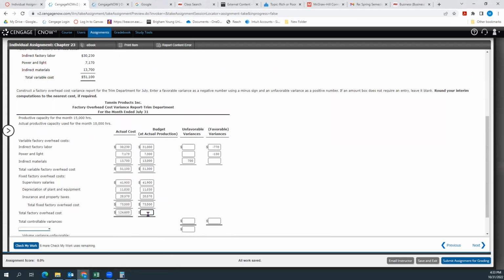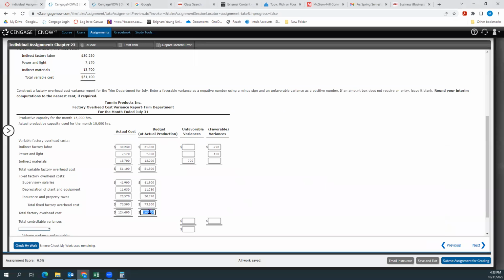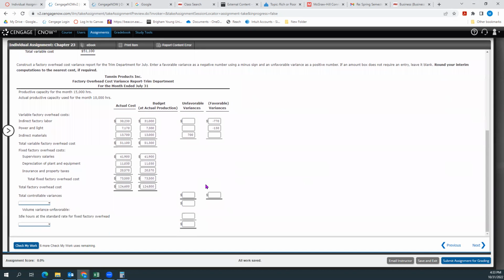Something feels weird about that, right? Because these two should only be off by a couple hundred. So somewhere in here, I made a mistake. Let's do this again. 51,300 total variable plus 73,500 total fixed. 124,800. That smells more like it. It's like smelling bad milk. You know, something's off.